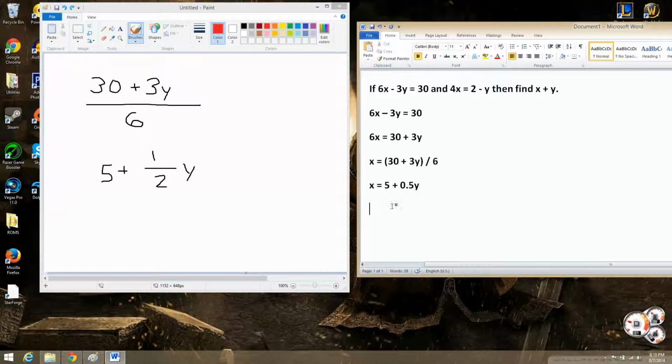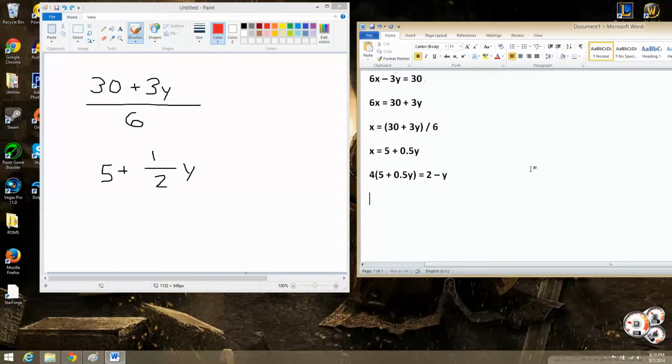Alright, so from there, you have x. Now you have to find y. So what you do is you substitute into the equation you didn't use. You substitute that x with the answer you got here. So it ended up being 4 times 5 plus 0.5y equals 2 minus y, from the original equation up here.